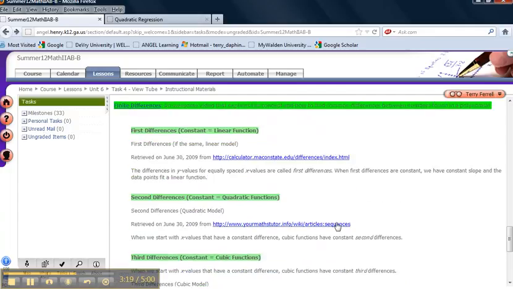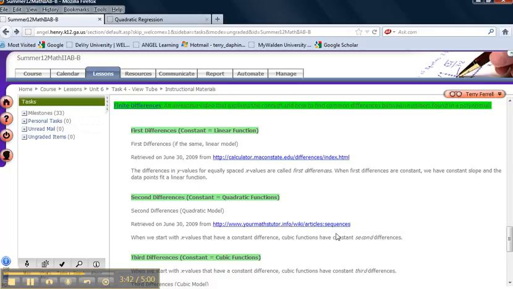And the main thing in this concept, if you do the first differences and they're the same, well, you're going to be able to model it with a linear function.